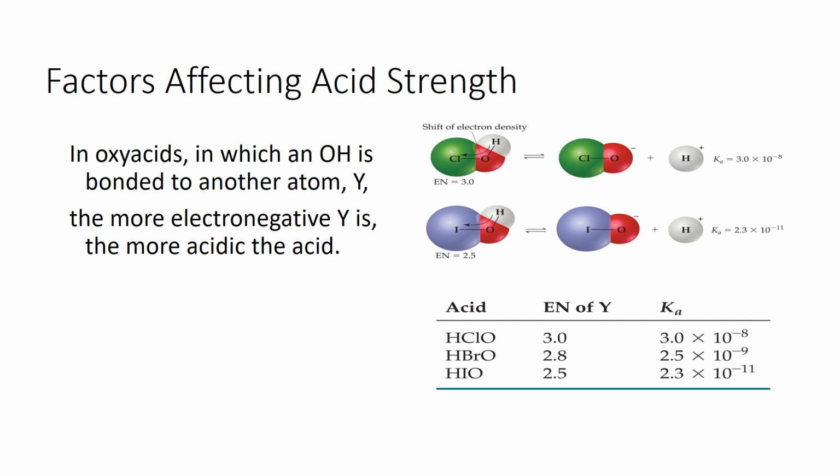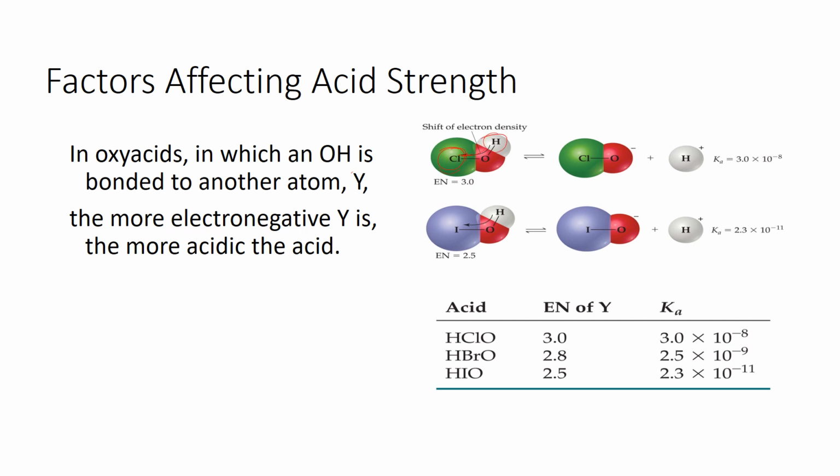In oxyacids, in which an OH is bonded to another atom Y, the more electronegative Y is, like in this case chlorine, the more acidic the acid. So if HO is attached to an atom here that has a high electronegative value, it pulls the electron cloud to itself, and so it is very easy to lose the hydrogen ion.